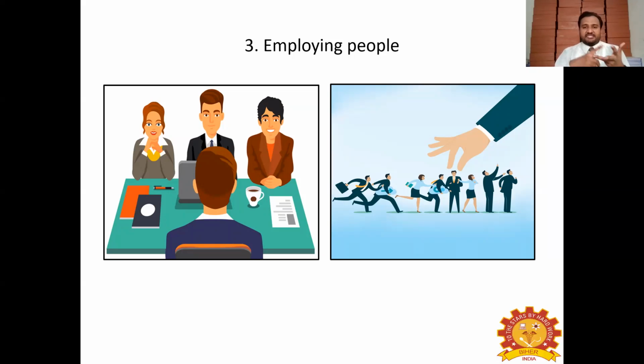You have manager, you have assistant managers, you have supervisors, right? You have lab assistants, you have assistants, junior assistants, typewriters, etc. So based on these requirements, you will fill positions for these vacancies, right? So that is employing people.